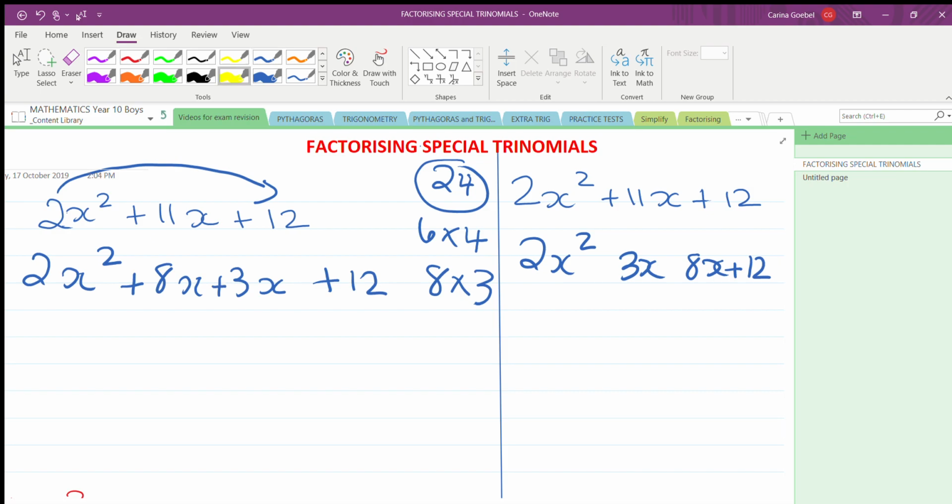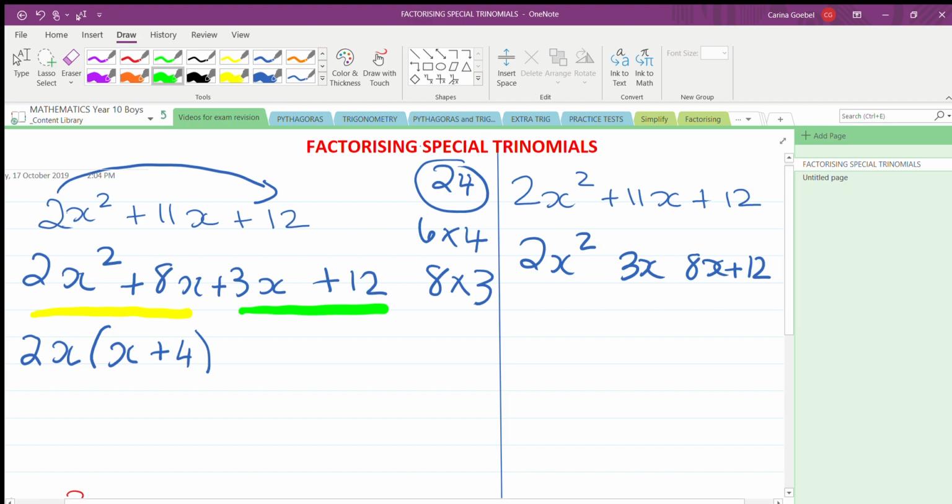We are now going to factorize the first two terms by taking out a common factor. So 2 and 8 can both be divided by 2, and then there is also an x common, which means you have left over x plus 4. You are then going to factorize the second two terms.